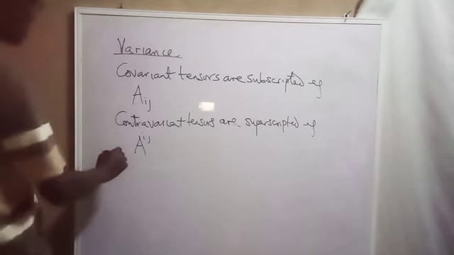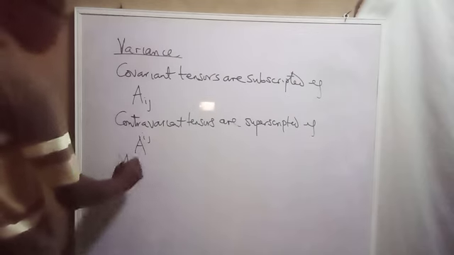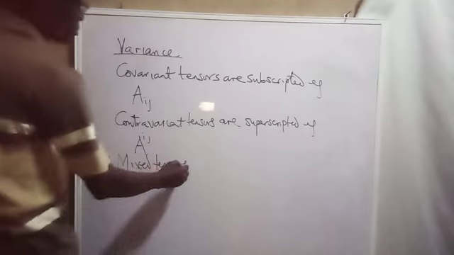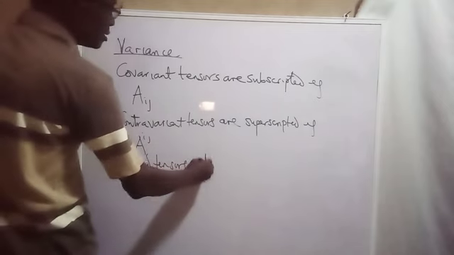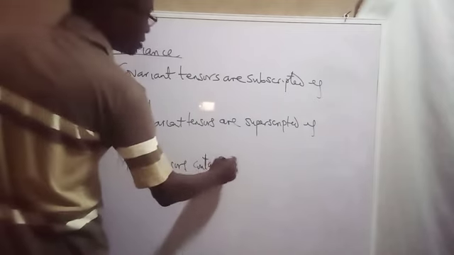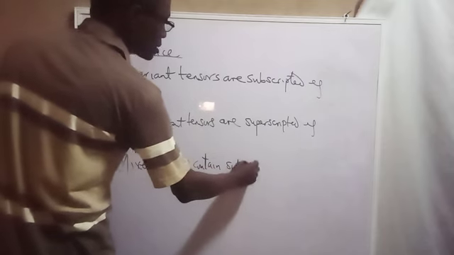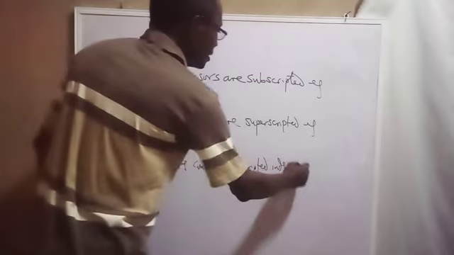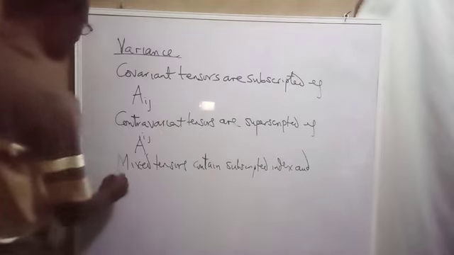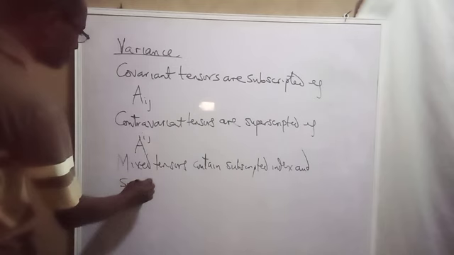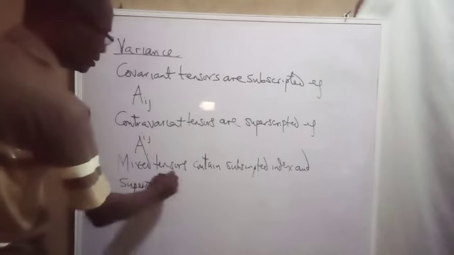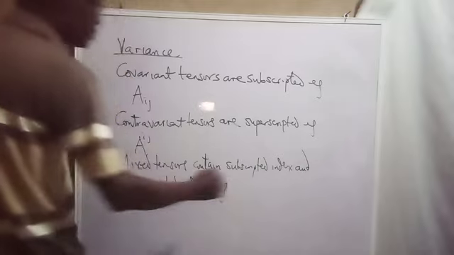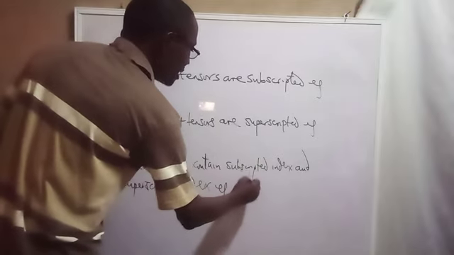Now we have mixed tensors. Those contain both subscripted indices and superscripted indices. Example, here I can write A^ij_k.